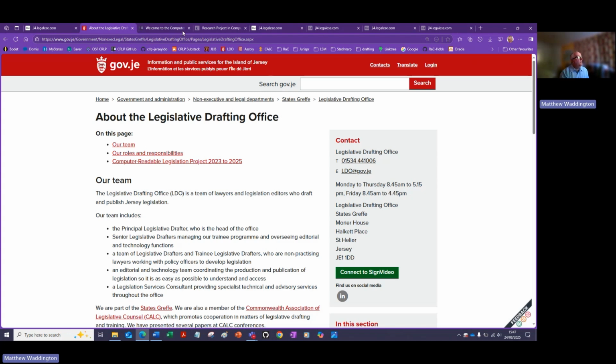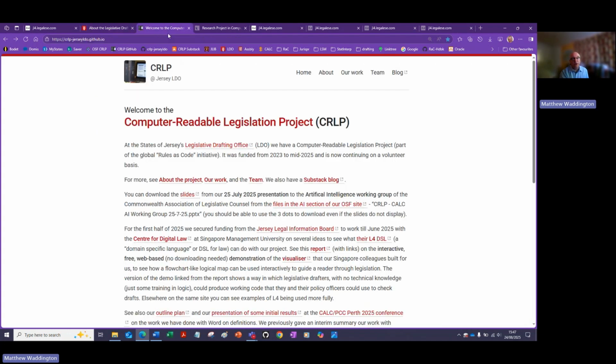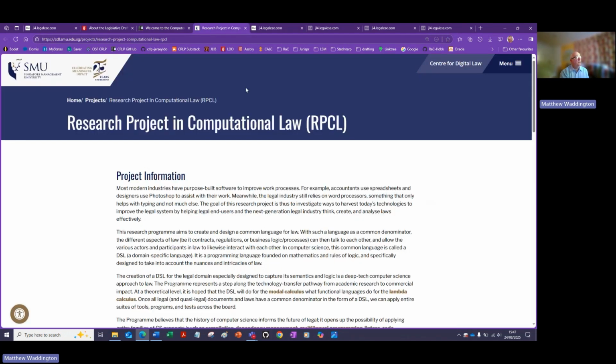And we have a computer readable legislation project, and over the first half of 2025 we've been working with the Singapore Management University on their L4 computing language that's designed to help people find their way around the logic of legislation, but also to do much more.